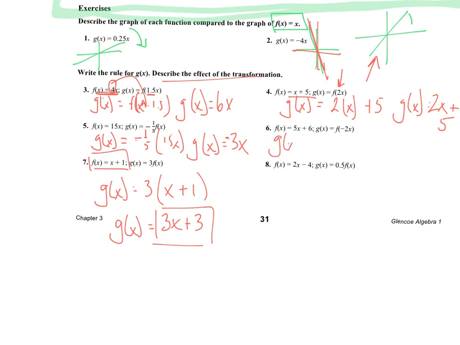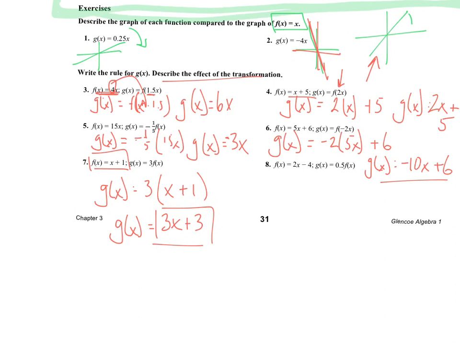All right, number 6, my g function. Again, I'm only changing the input, just the input. So we're only going to multiply 5x by this negative 2. Leave plus 6 alone. So my new g of x function is negative 10x plus 6. Okay.